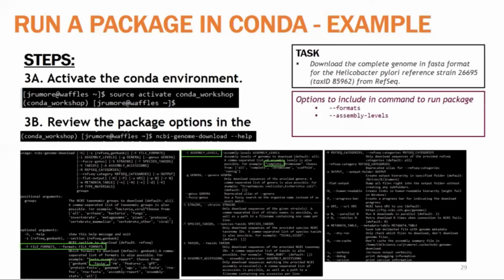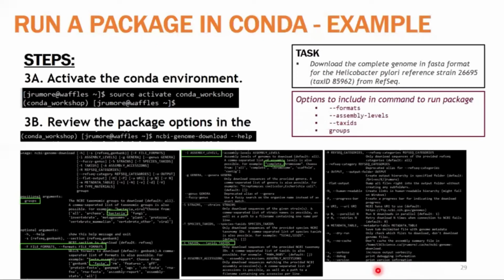And then I also want to include the option tax IDs. This is to indicate the taxonomic identifier that corresponds to my organism of interest, which is Helicobacter pylori reference strain 26695. Now, I also have to include the taxonomic group, which in my case is bacteria.